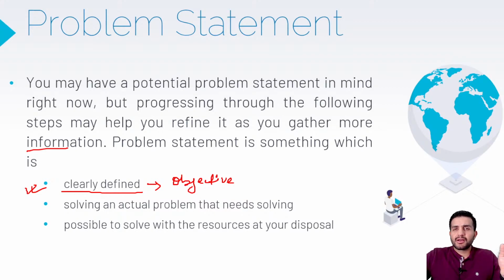That's where machine learning and all comes into picture, right? And that is where this problem statement, the moment I'm trying to solve here, it should be clearly defined. What is my prime objective, right? And the process needs solving an actual problem that needs the proper solution.